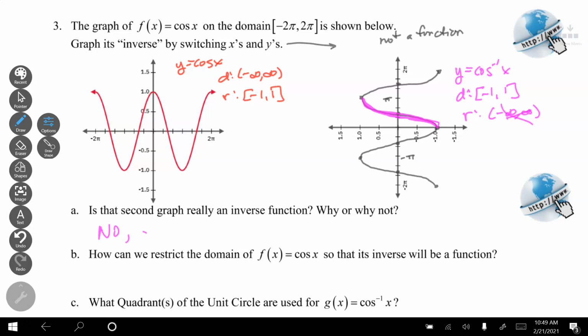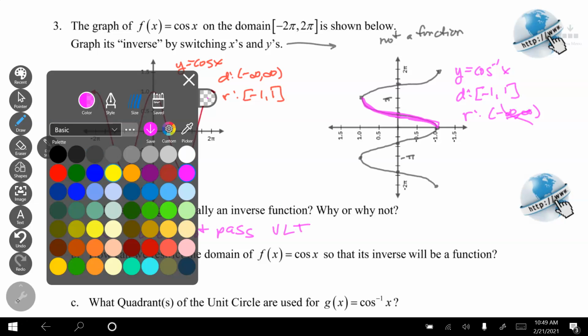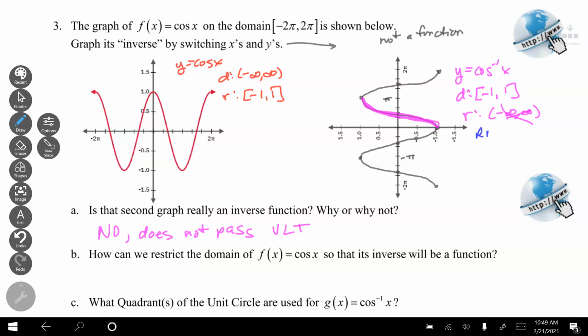It's not a function because it does not pass the VLT. So this little part that's restricted, my range is going to be from 0 through pi. Angle 0 through pi will capture all the cosine values from -1 to +1. So my domain restriction from the cosine function would be 0 through pi.